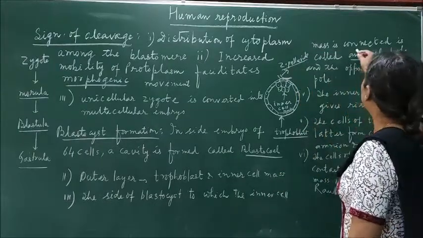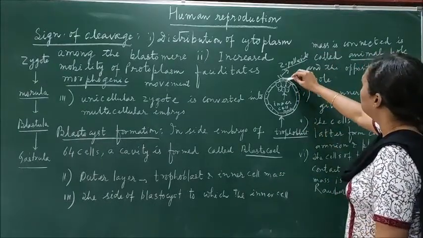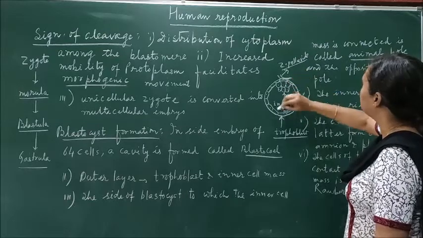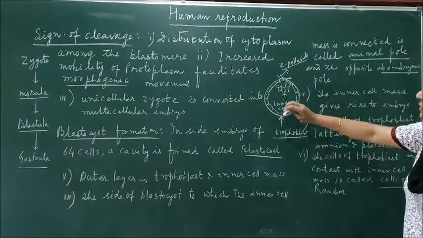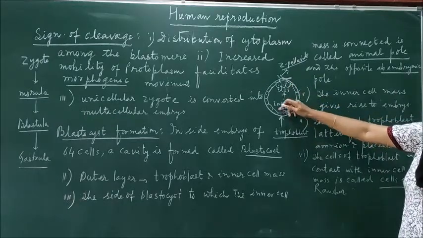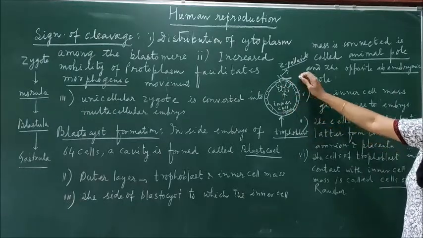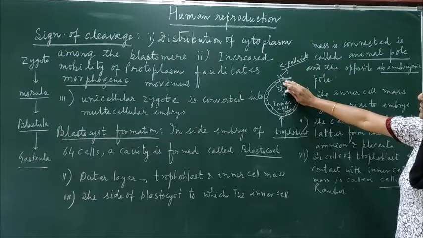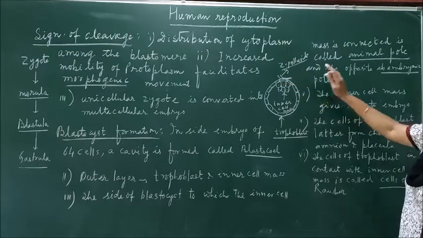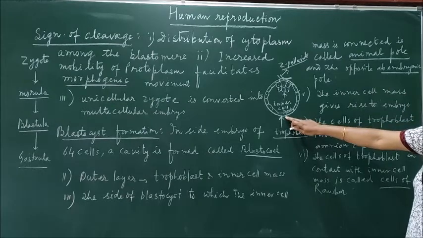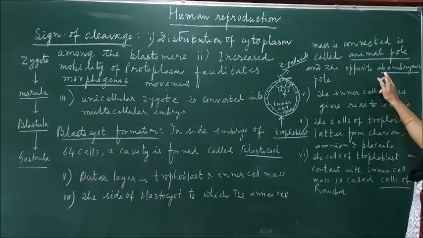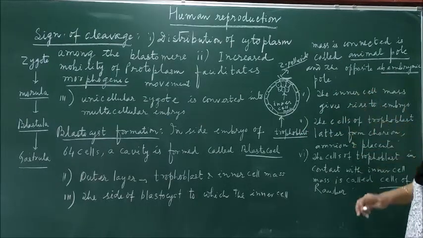Then the mass which is connected to one end of this blastula, this pole is called the animal pole, because the inner cell mass is not connected to all parts of the trophoblast. It is only present at some specific position, and this pole is called the animal pole. And the opposite pole is called the embryonic pole.